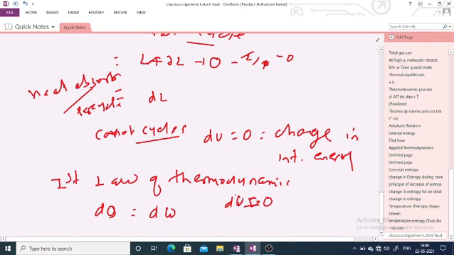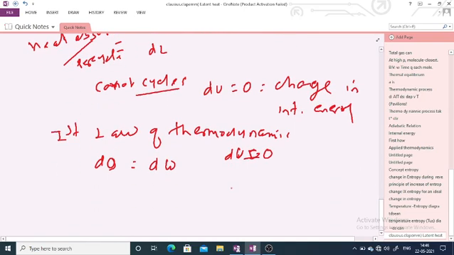Now this is nothing but the work done by the substance. So the work done by the substance is equal to the area enclosed by the closed loop.